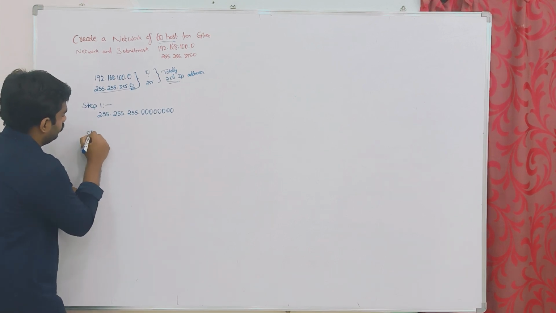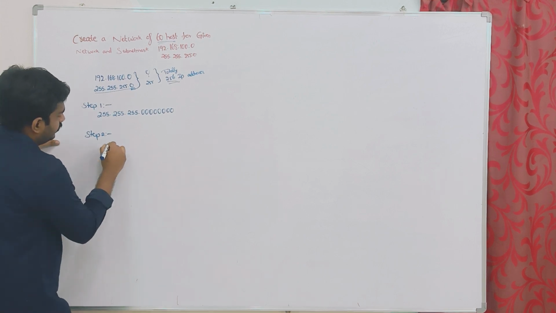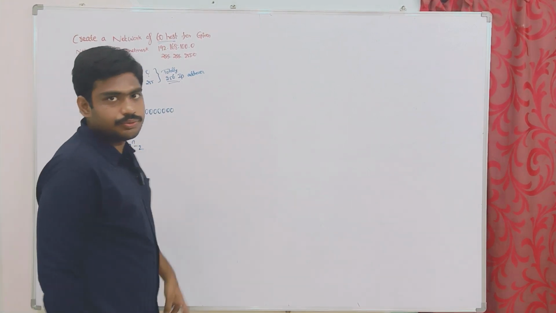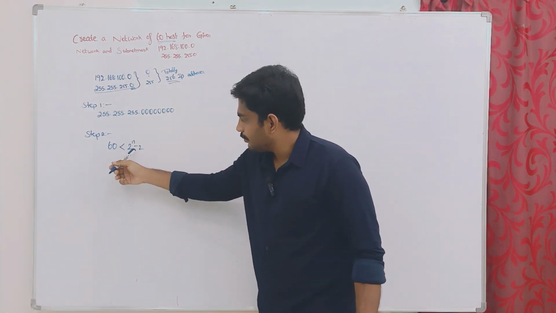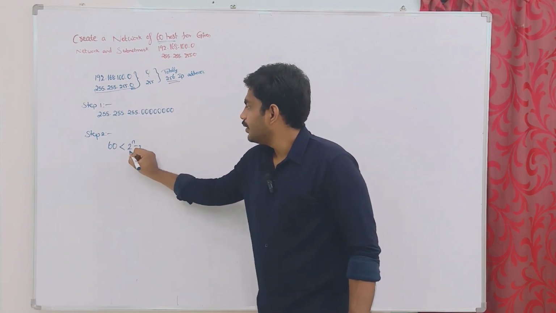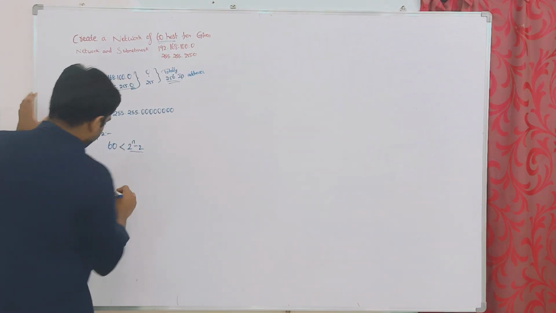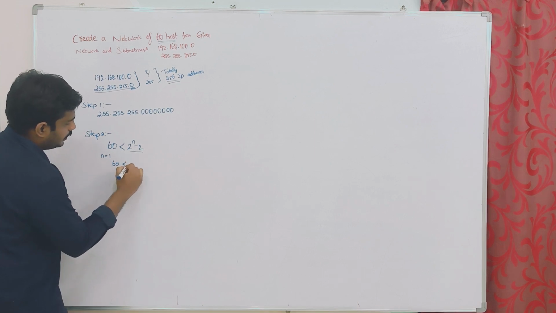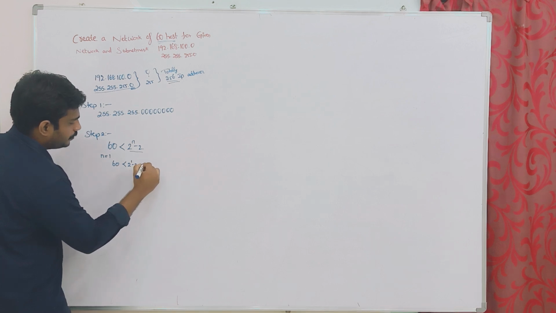Now, how many bits do we require to configure 60 hosts? Step 2. We will find n such that 60 is less than or equal to 2 power n minus 2. I will give n equal to 1 first. 2 power 1 minus 2 results in 0.